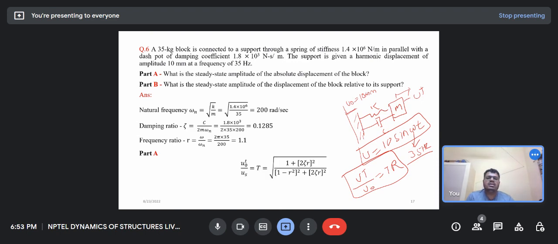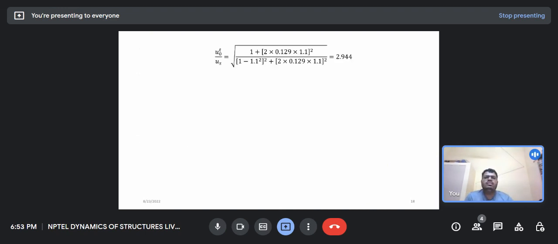So the transmissibility ratio is the square root of this expression: 1 plus (2 xi r) squared, divided by (1 minus r squared) squared plus (2 xi r) squared. So if I put the xi damping value as 0.12 and r as 1.1, then I would be able to find out the transmissibility, which comes out to be 2.94.